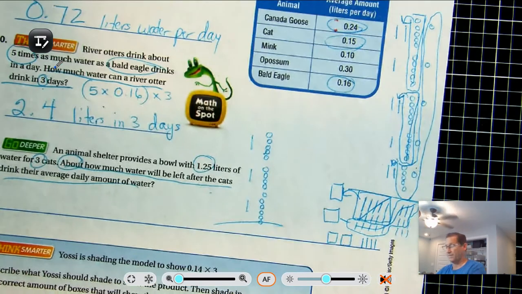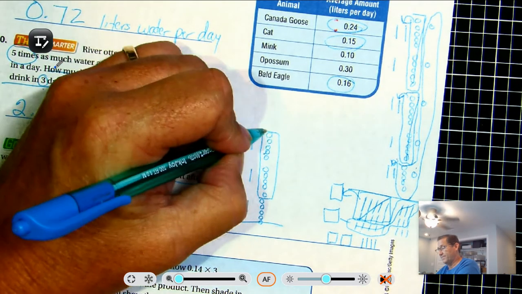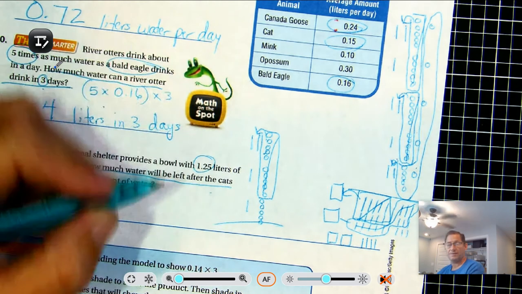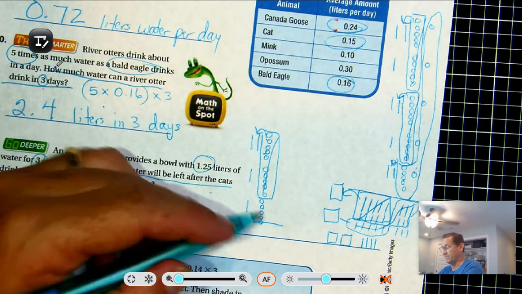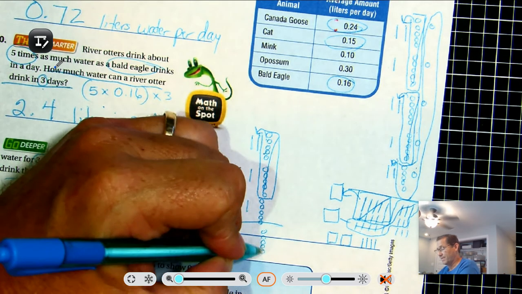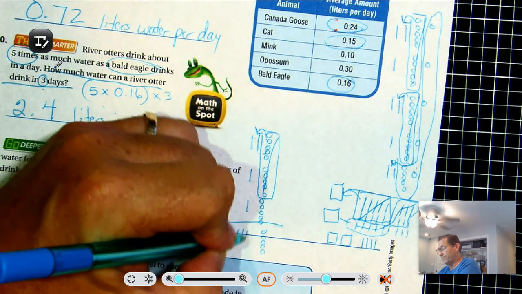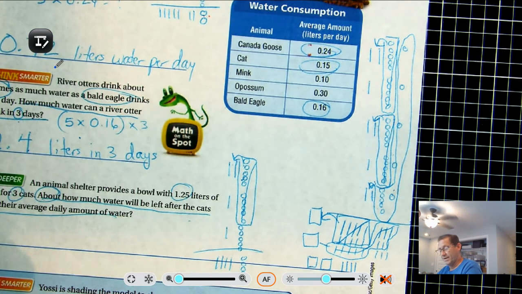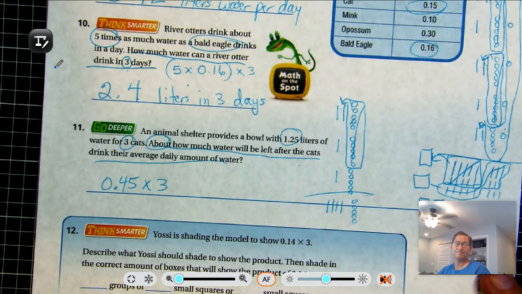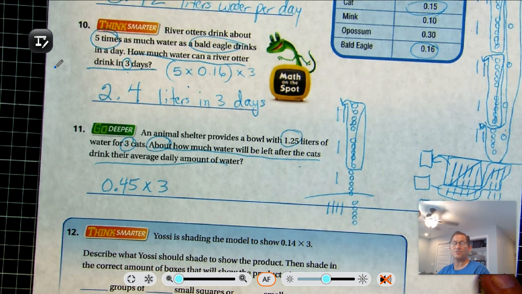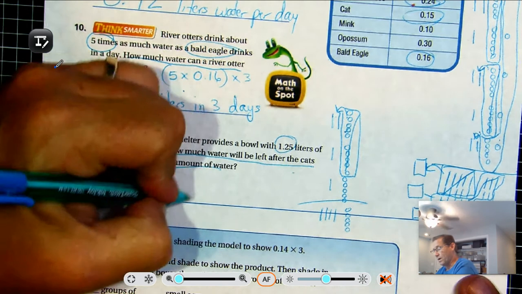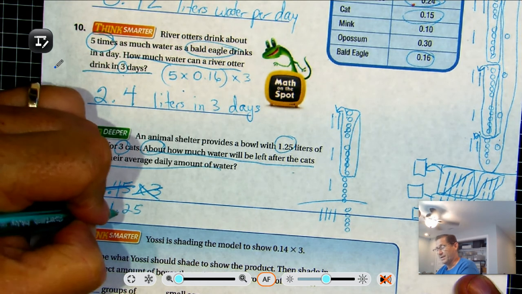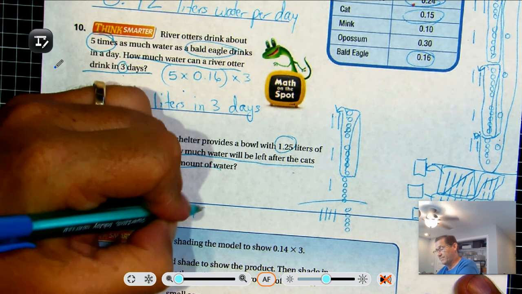Let's combine the hundredths. 5, 10, 15 hundredths. I can trade 10 hundredths for a tenth, leaving me 5 hundredths. And we have 2, 3, 4 tenths. So we have 45 hundredths. Not times 3, I'm sorry. We have 1 and 25 hundredths minus 45 hundredths.